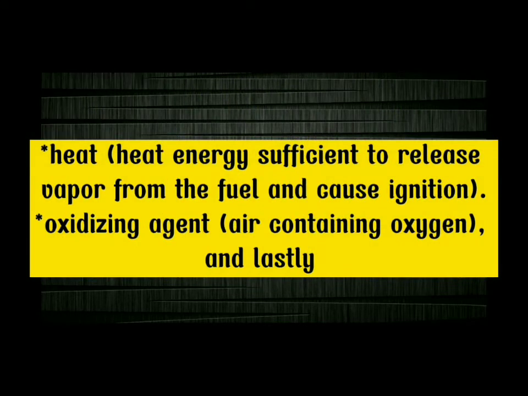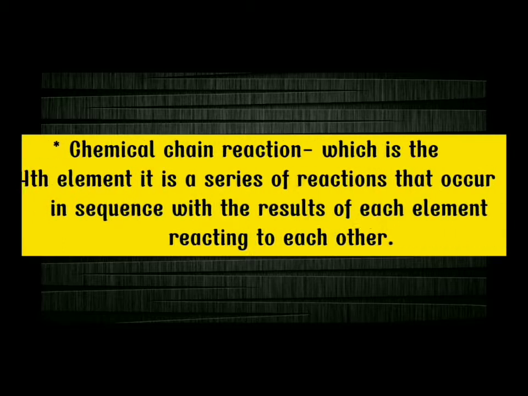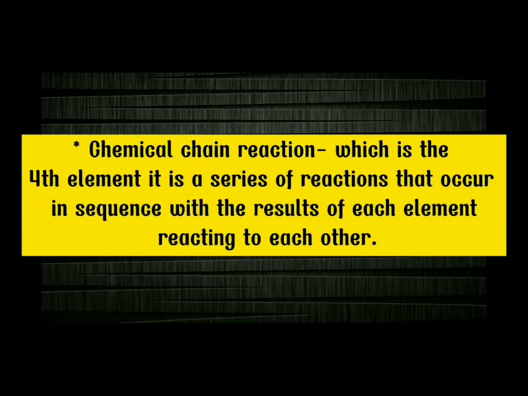Second is heat, energy sufficient to release vapor from the fuel and cause ignition. Third is the oxidizing agent, or air containing oxygen. And lastly is the chemical chain reaction, the fourth element. It is a series of reactions that occur in sequence, with the result of each reaction affecting the others.